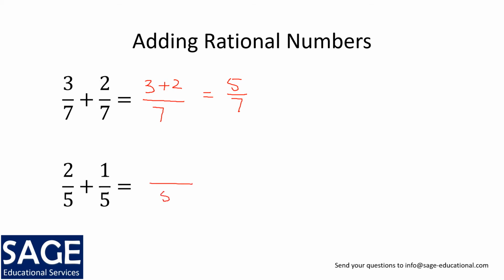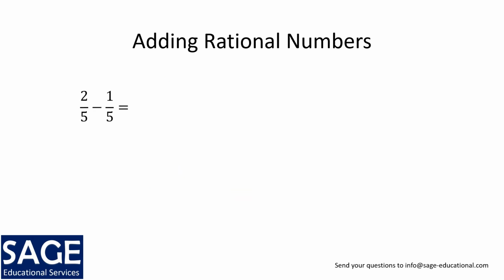We keep the denominator as it is, and then we add the two numerators, and that gives me 3 over 5. Here's another example. I'll keep the denominator the same, and I will combine the numerators, and 2 minus 1 is 1. So 2 over 5 minus 1 over 5 equals 1 over 5.